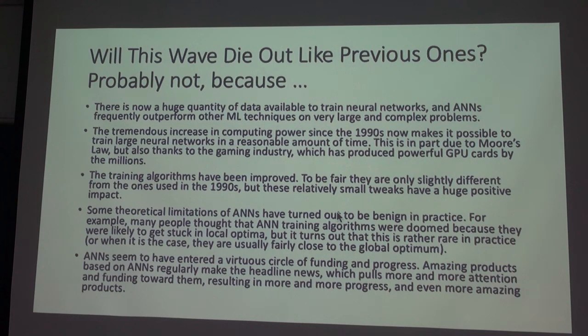But when you have a deeper ANN, the training becomes more difficult. It requires more computation power. But back in the 1990s, the computation power was not that much.